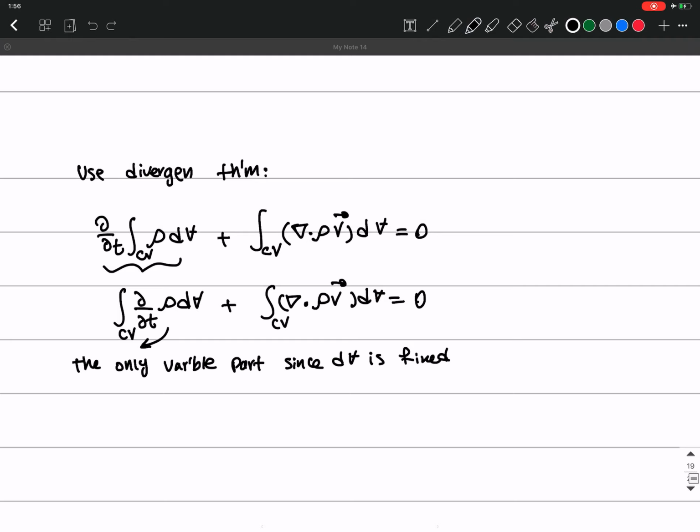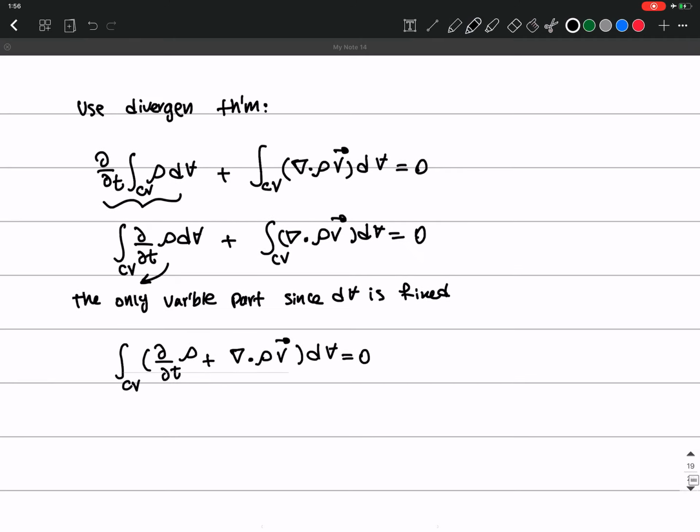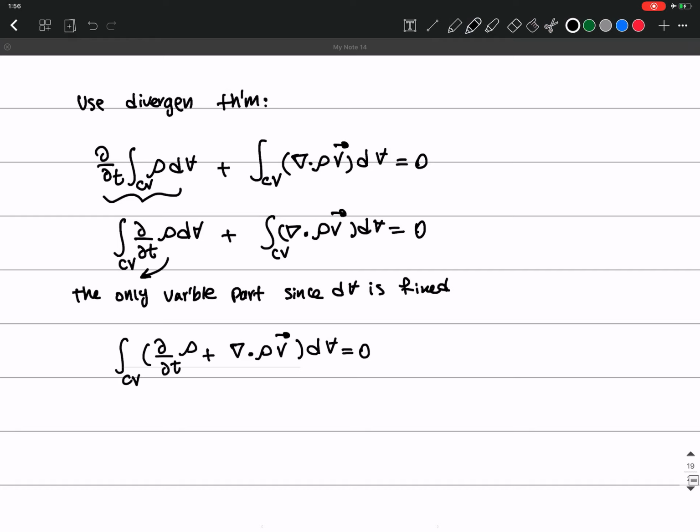And so I can combine them together and write the integral over the control volume of partial over partial t of rho plus the divergence of rho v, dv, equals 0.